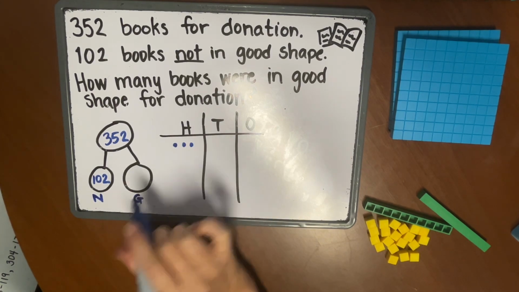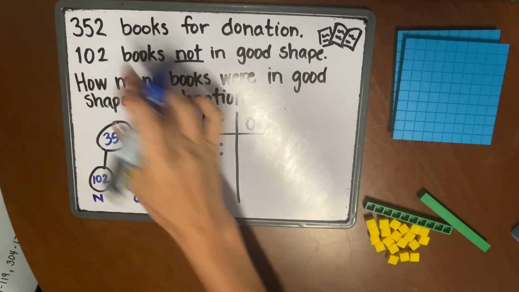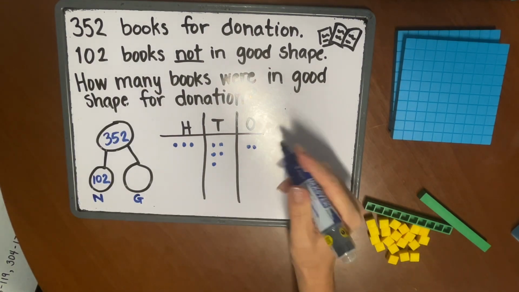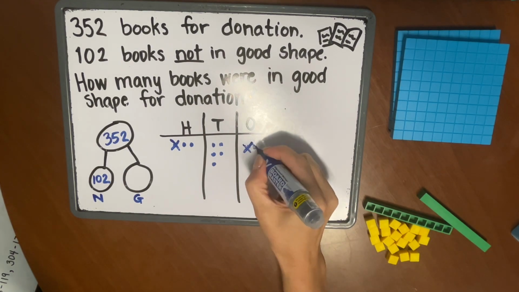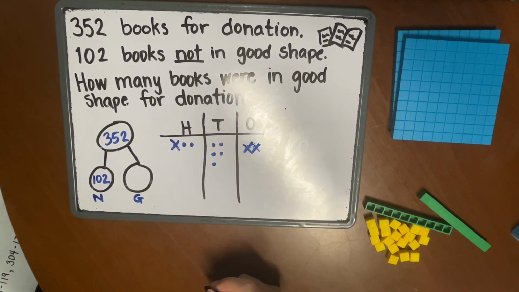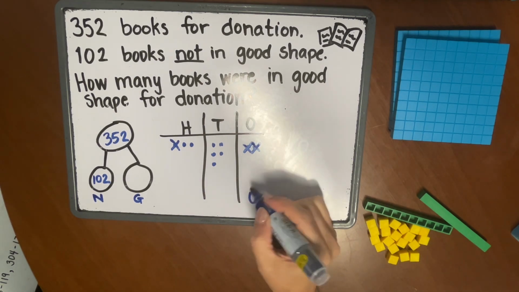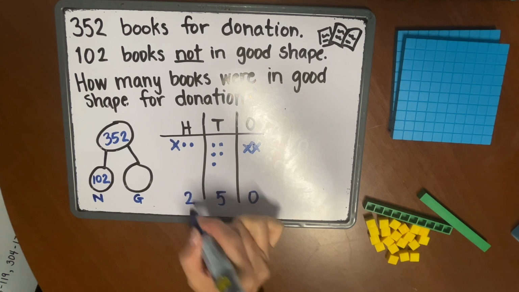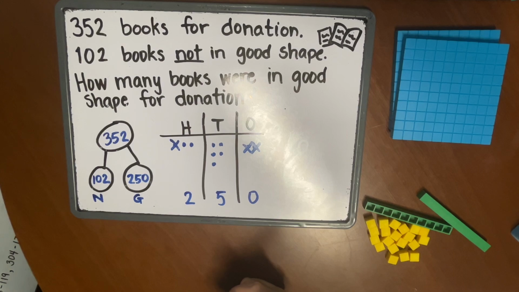So I had 3 hundreds, 5 tens, and 2 ones. And 102 of those were not in good shape. So let's cross out 102. Those were not in good shape. We had to throw them out and recycle them. So I had 0 ones left, 5 tens left, and 2 hundreds left. That means 250 were in great shape.